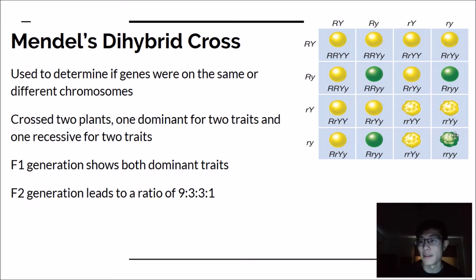And then we have basically one over here that is green and sort of rough looking. So this is a 9:3:3:1 F2 generation ratio, which is really fascinating because this suggests that there's really not a direct connection of one set of genes with another set of genes.